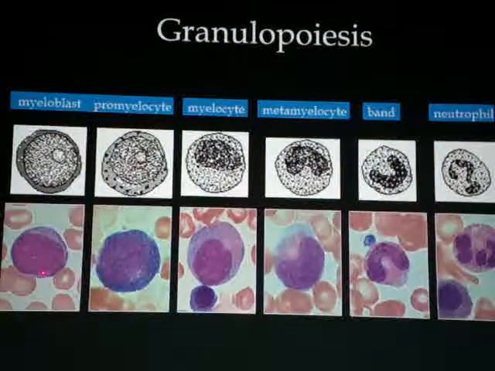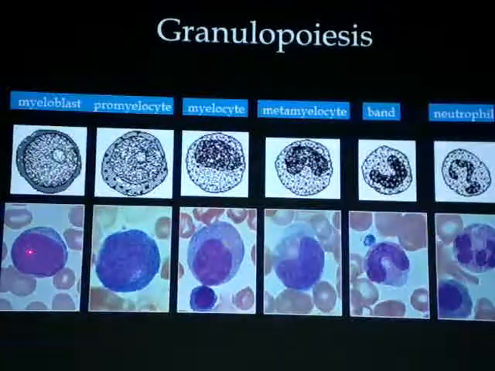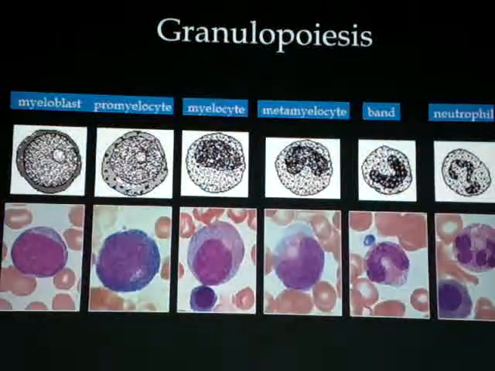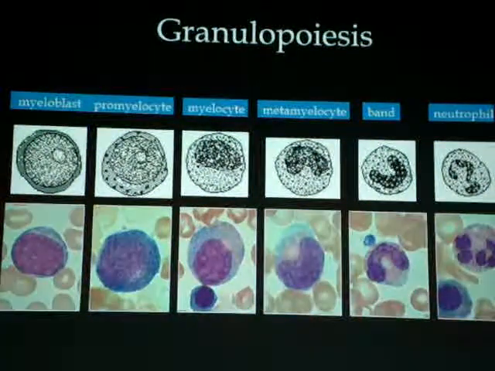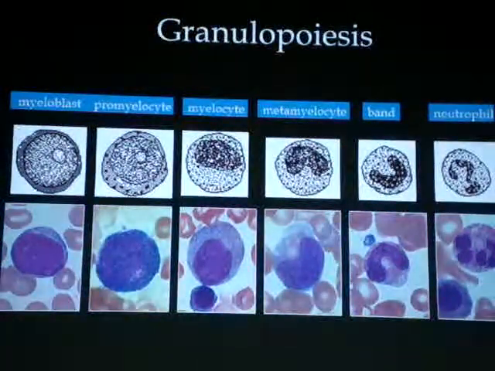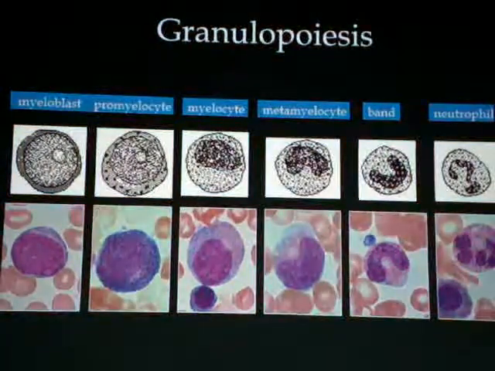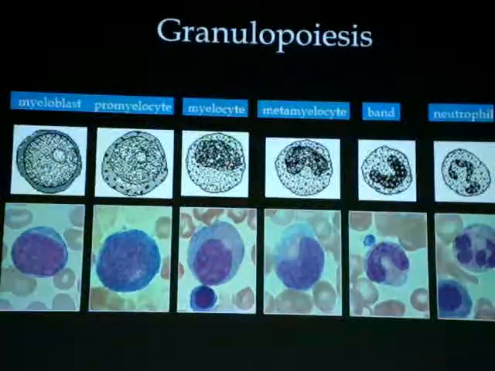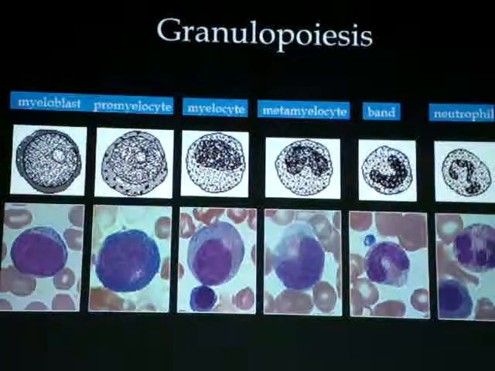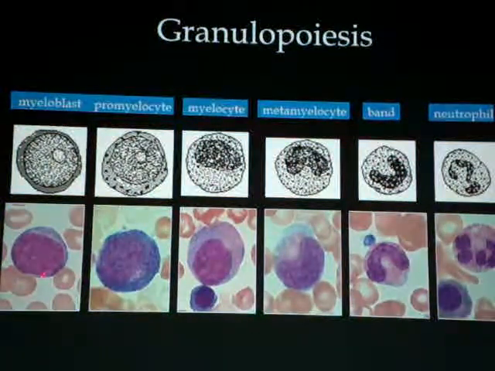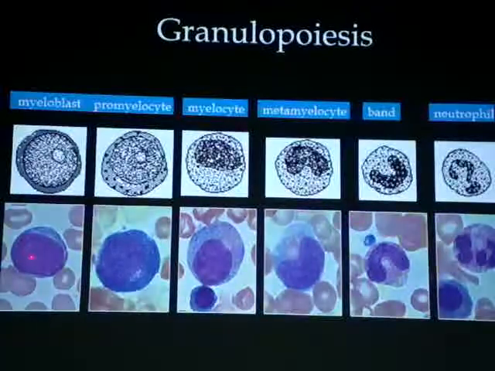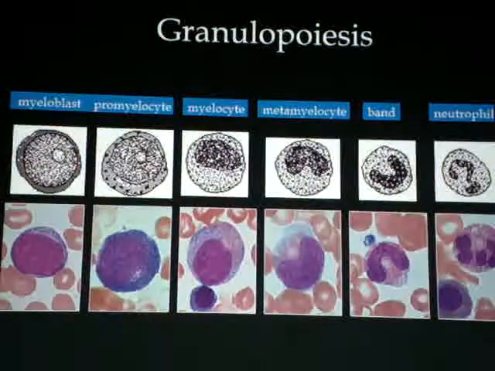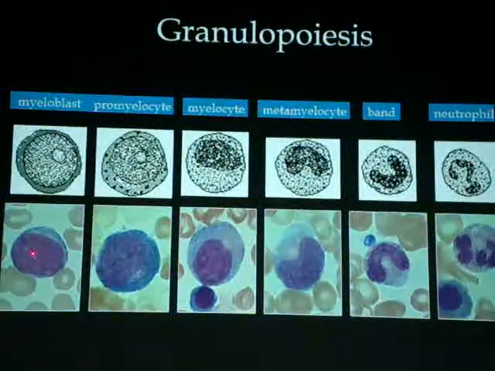And then you will be able to see 2 to 5 nucleoli. Usually, in the cells of our body, the nucleolus is dark in color. In the case of the precursors of the blood cells, their nucleoli are light in color. So, 1, 2, 3. That cell has 3 nucleoli.